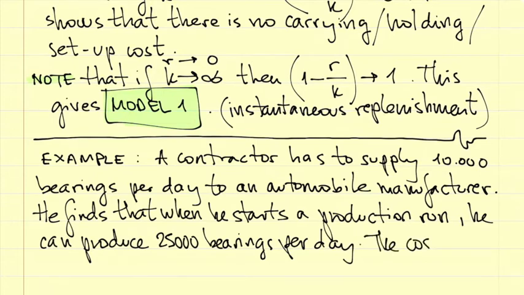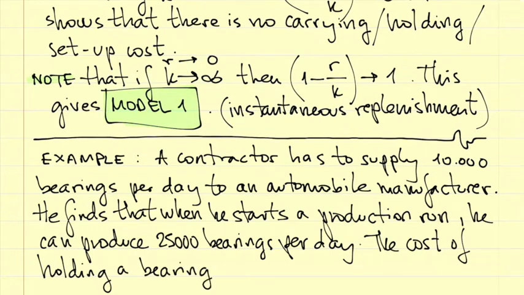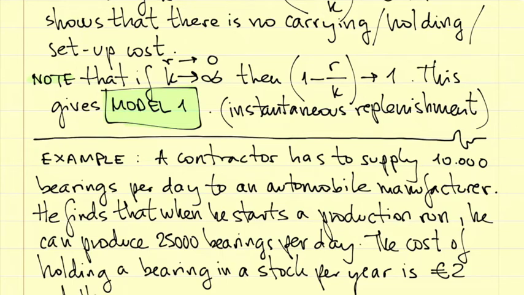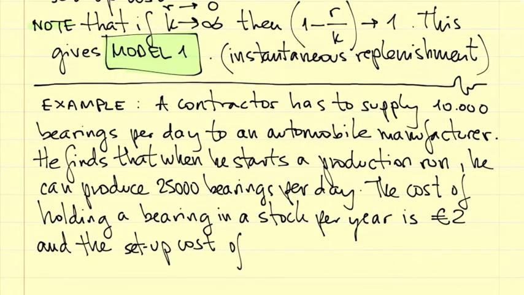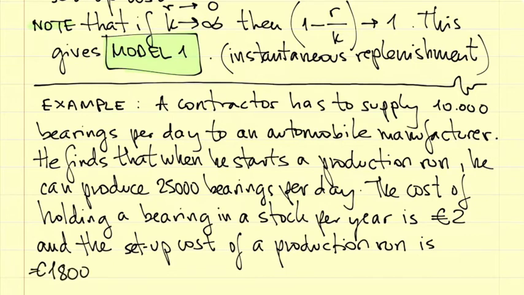The cost of holding a bearing in stock per year is €2, and the setup cost of a production run is €1,800 per time.